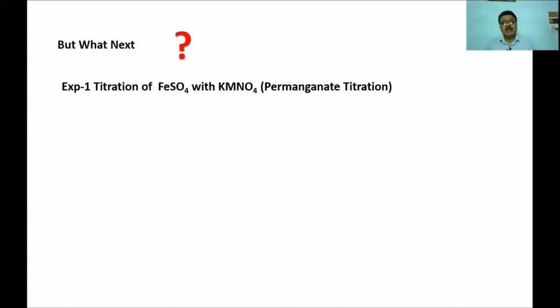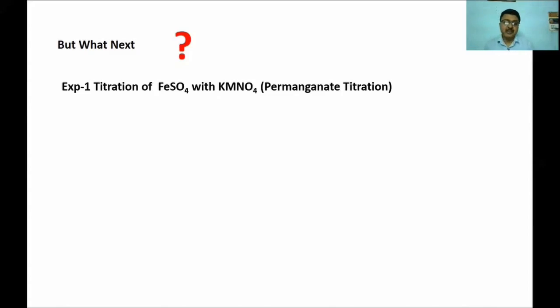But what next? Can we obtain a complete balanced equation from a balanced redox equation? Probably no. We require more work to further balance the complete equation. Let us see how we can do this. So I am taking an example of permanganate titration of ferrous sulfate with KMnO4.